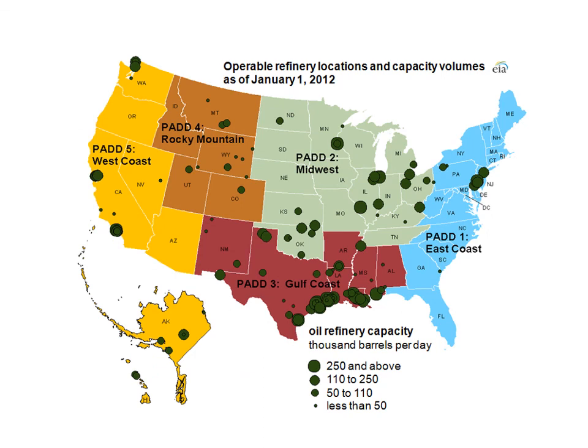So maybe this is the last thing we're going to talk about: the potential impact of extreme weather on fuel prices. This shows you oil refinery capacity, which is similar to natural gas refinery capacity in the United States. The size of the capacity is represented by the size of these dots. And you can see a lot of oil and gas refinery capacity is concentrated in the Gulf Coast region.